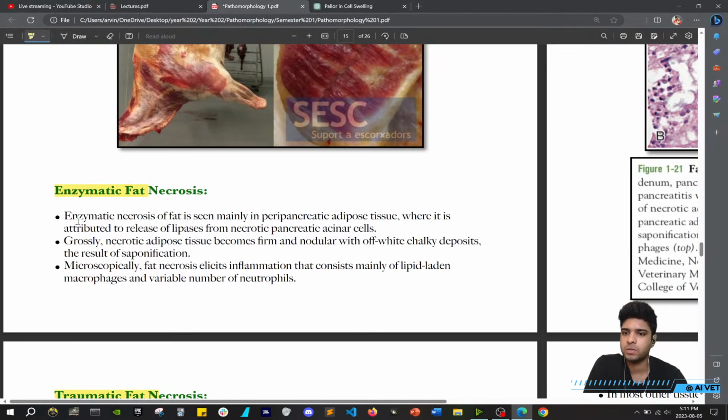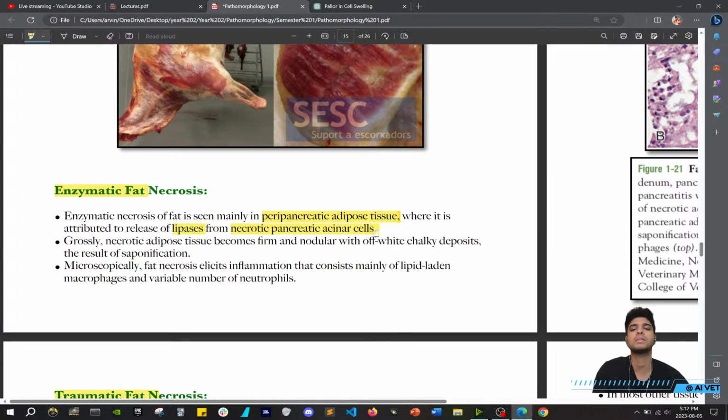Enzymatic fat necrosis. Enzymatic necrosis of fat is seen mainly in peripancreatic adipose tissue. Okay, that's important information right there, where it is attributed to the release of lipases from necrotic pancreatic acinar cells.